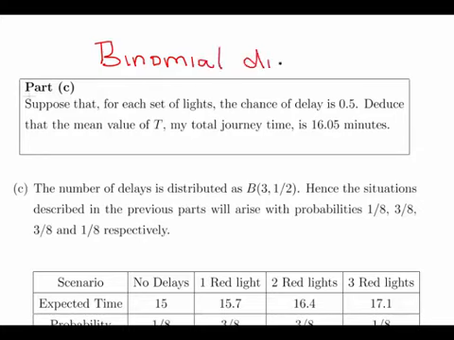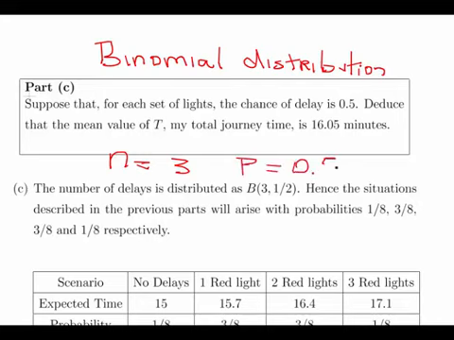This is one where you would recognize that this is a binomial distribution. Here n is equal to 3 and p is equal to 0.5. That doesn't come out easily or automatically, so it's deliberately kept vague, but you just have to try and tease it out. This wouldn't be the tougher part of this question.